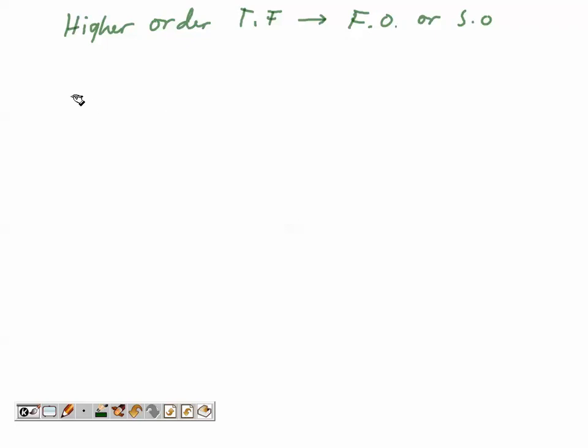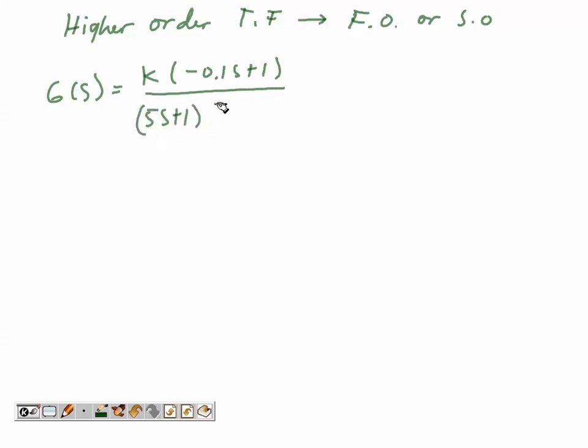For example, we have the transfer function G(s) equals K times (minus 0.1s plus 1) over (5s plus 1)(3s plus 1)(0.5s plus 1).